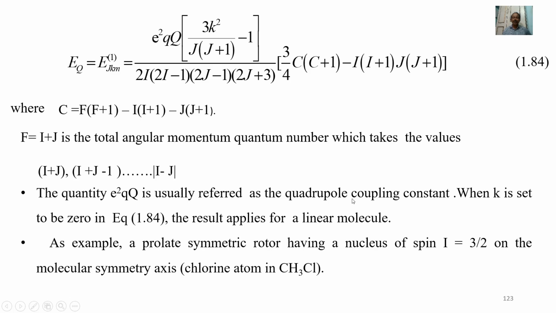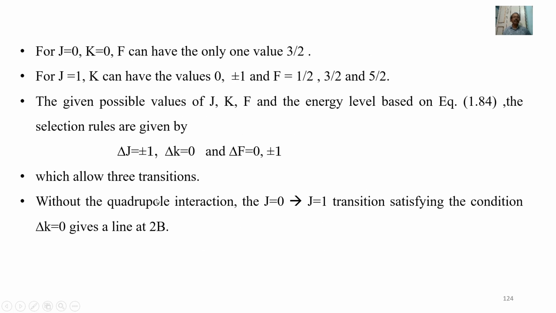When K is set to 0 in equation 1.84, the result applies to a linear molecule. As an example, take a prolate symmetric rotor having a nucleus of spin I equals 3 by 2 on the molecular symmetry axis, for example the chlorine atom in CH3Cl. For J equals 0 and K equals 0, F can have the value 3 by 2.